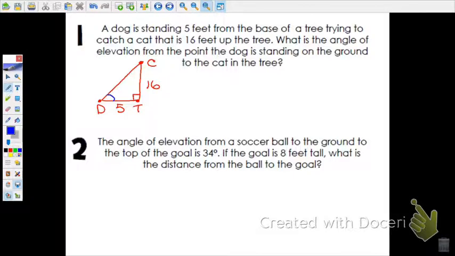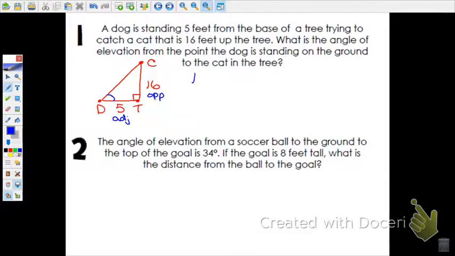Looking at the two sides that I know, which of my trig ratios am I going to use? You always use the angle. It's never the 90. Tangent. We're going to use tangent because we have 5 adjacent, 16 opposite. We're looking for this angle, so that's what we base it off of.